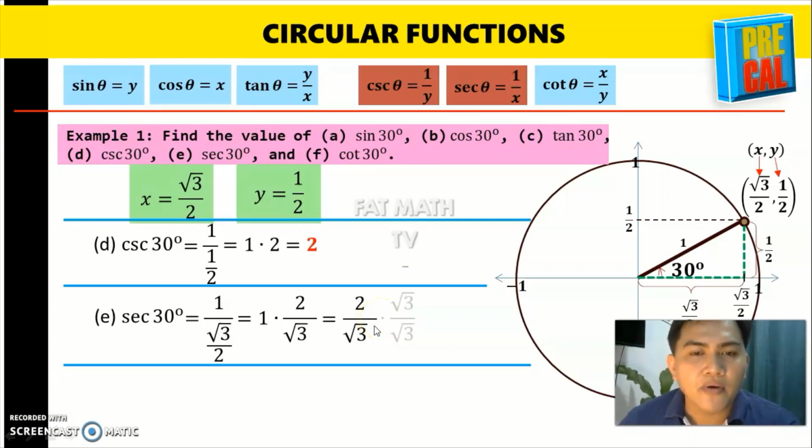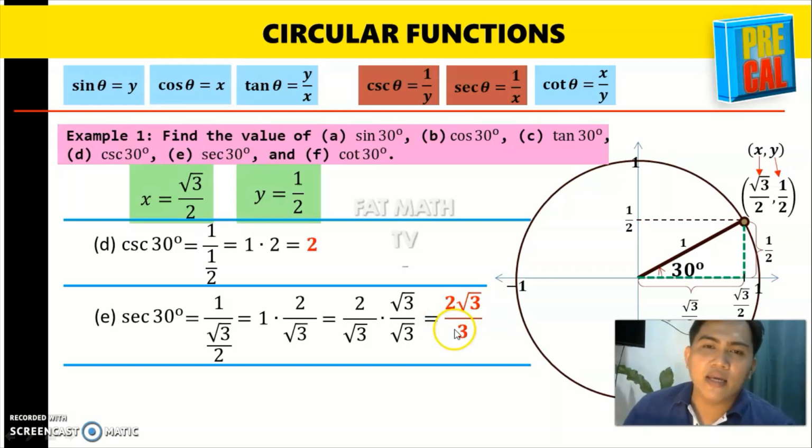So multiply both the numerator and denominator by square root of 3. And then 2 times square root of 3 is 2 square root of 3, and square root of 3 times square root of 3 is 3. So the secant of 30 degrees is 2 square root of 3 over 3.